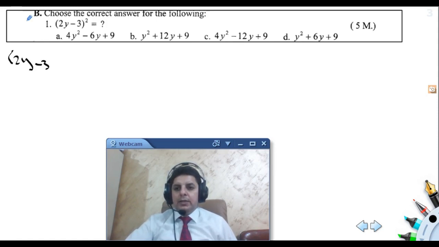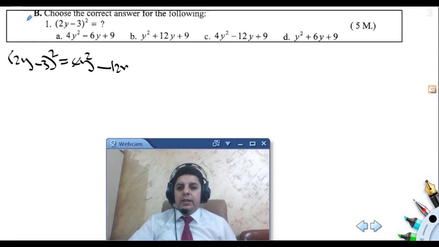2y minus 3 all squared equals, by using the perfect square rule, the first term squared, 4y squared, minus 2 times the first term times the second term, 2 times 2y times 3, 12y, plus.